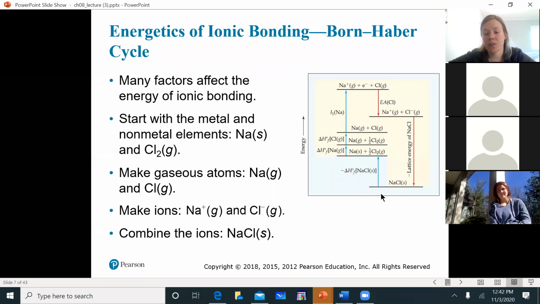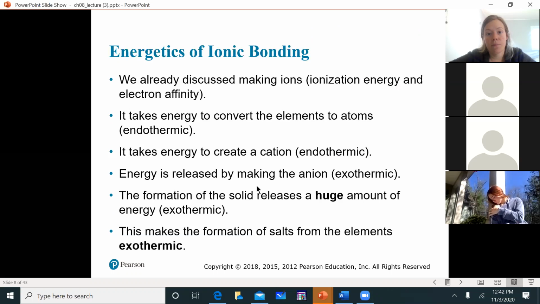It is the amount of energy it takes to change gaseous ions into a solid compound. And lattice energy is dependent on a couple different things. Anytime we form one of these solids, there's a huge amount of energy released.